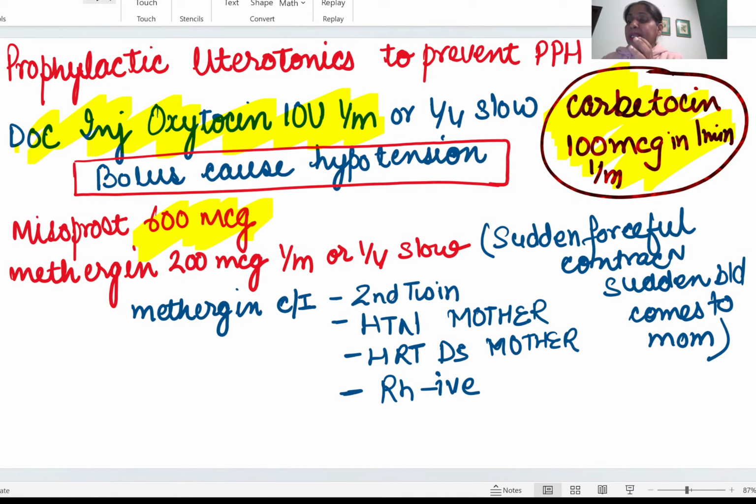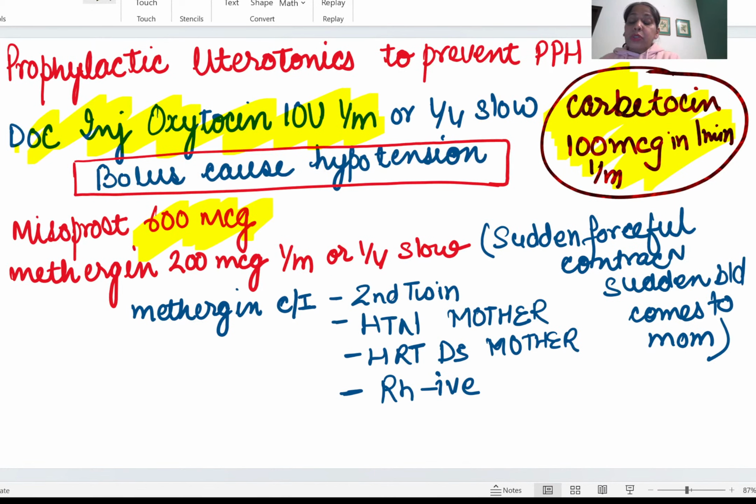So suddenly, after the separation of the placenta, a large amount of the blood from the fetal side comes into the maternal circulation. That sudden coming of blood can be dangerous if the mother is having hypertension, as it will lead to a sudden rise in BP.